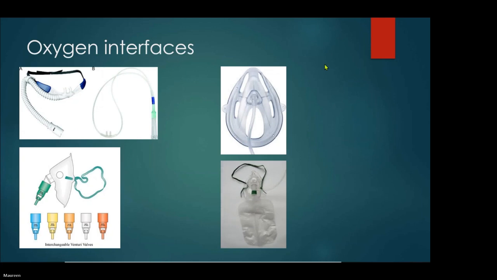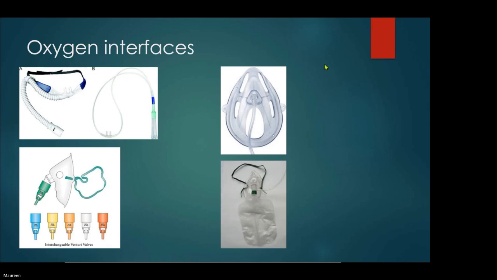So nasal cannula are very much influenced by that. Now, in general, nasal cannula will deliver between 1 to 4 litres per minute of oxygen through them, but they can go up to 6 litres. This would be the standard nasal cannula, and that's equivalent, depending on your rate and depth of respiration, of between 24 to 40% in comparison to a Venturi mask.